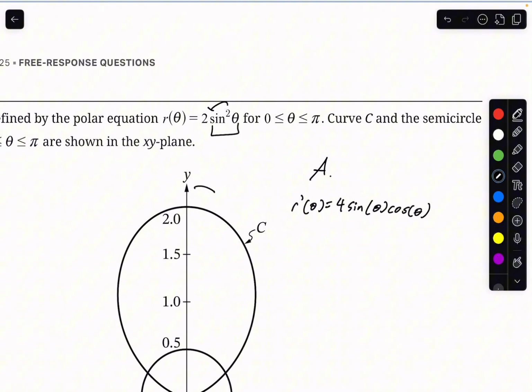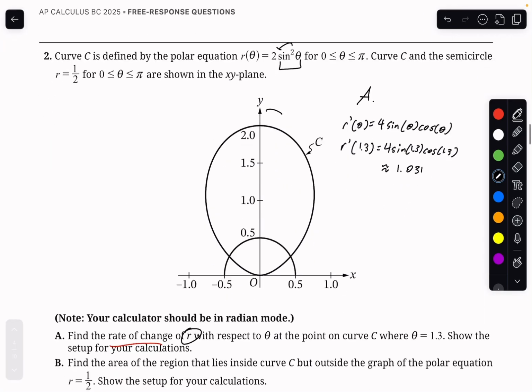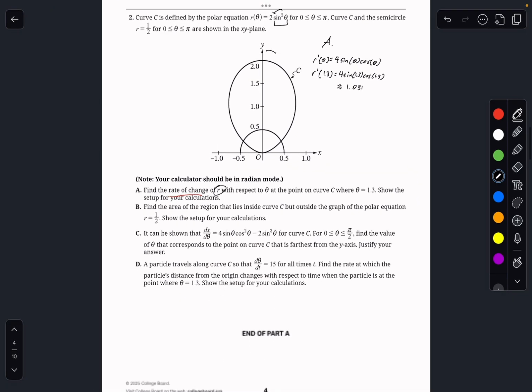Just like that. Then we take r prime of 1.3, because that's what the question asks, and then we get 4 sine of 1.3 cosine of 1.3. And this value is approximately 1.031. There you go. So that is part A.